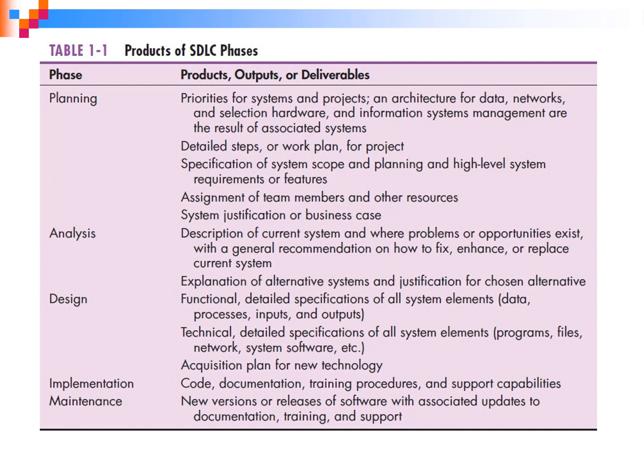So dyan selection siya ng hardware na gagamitin. Next, a detailed step or work plan for the project. Next is specification of system scope and planning and high-level system requirements or features. Next is assignment of team members and other resources. And then the last one is system justification or business case.